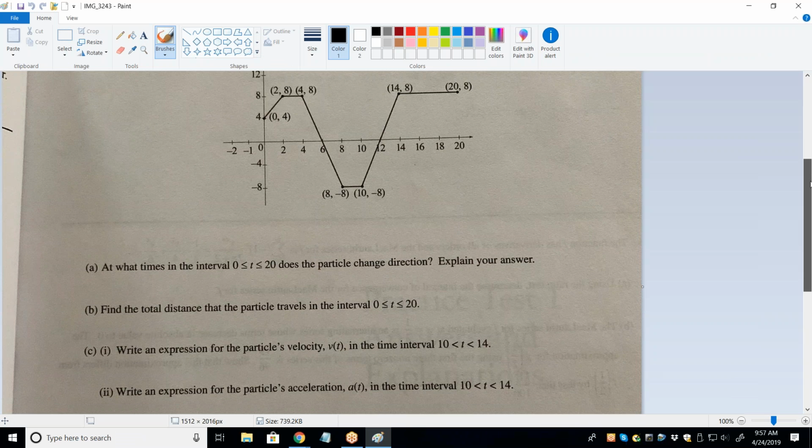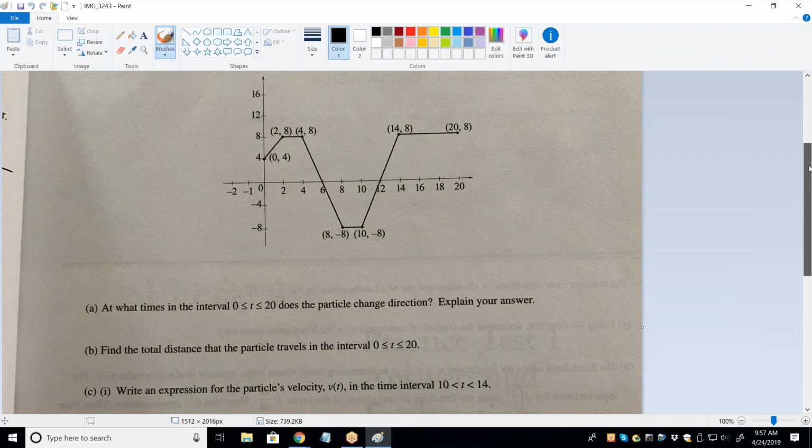Write an expression for the particle's velocity in the interval between 10 and 14. Wouldn't that just be this one right here? What is the equation of that?